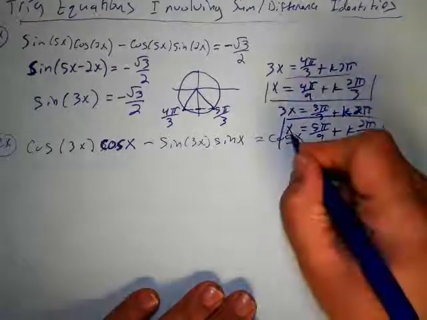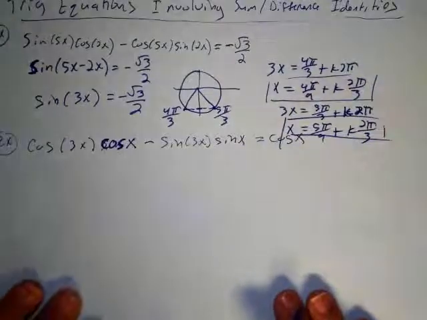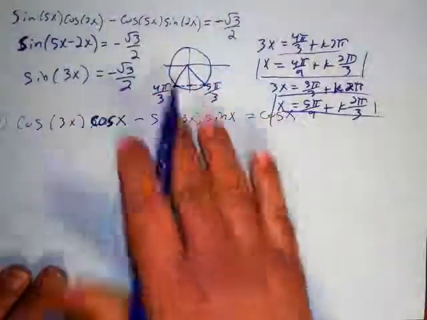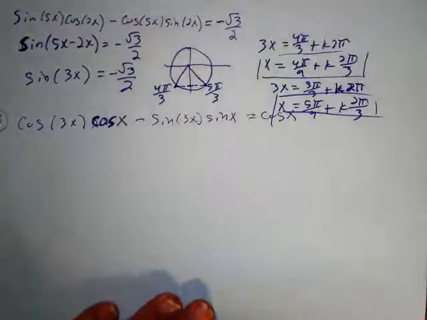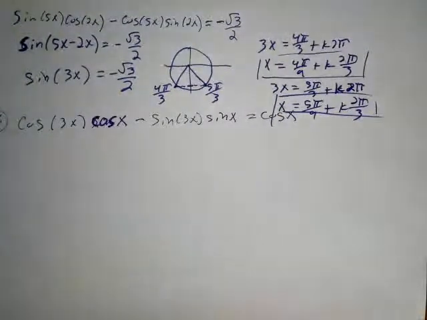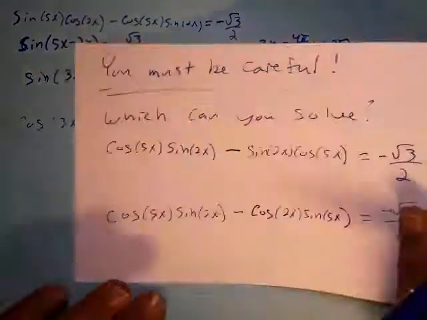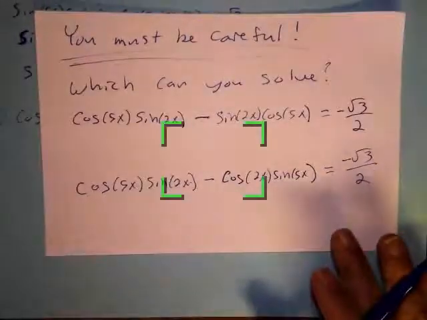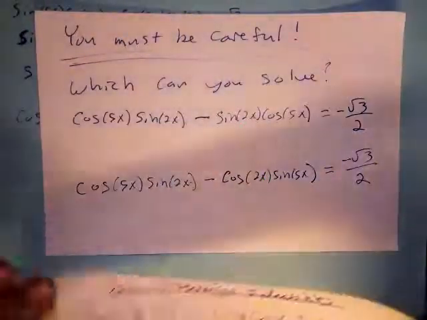And that would be the next one. And so those are the solutions to that big, crazy equation. So, you have to be careful, though. What I did is I wrote this out, and this gets really confusing for me, too.